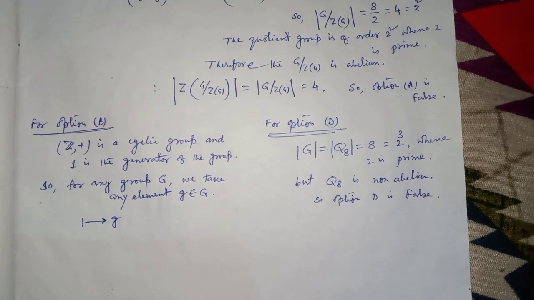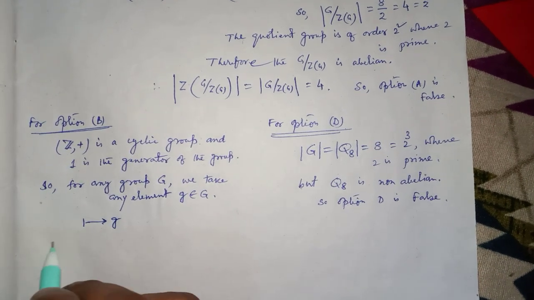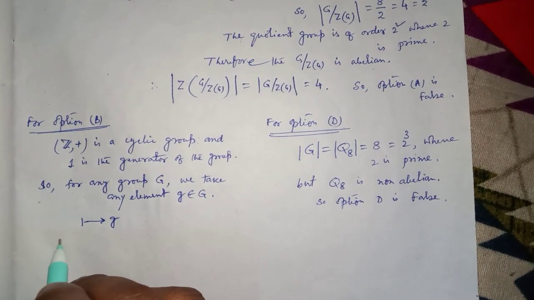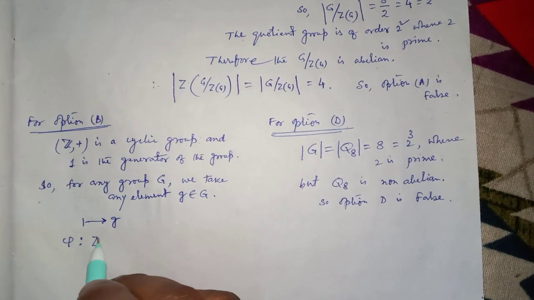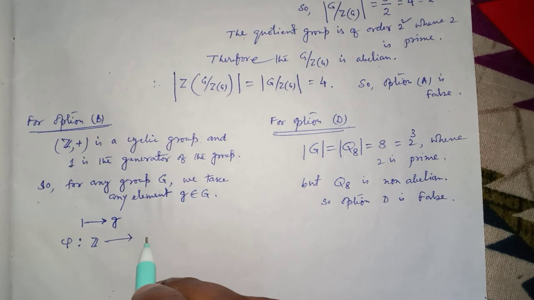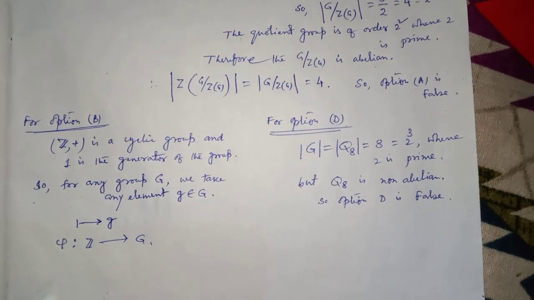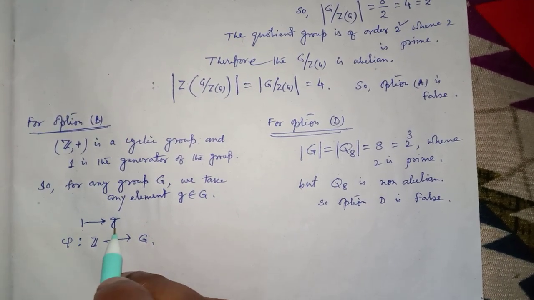So consider the homomorphism phi from Z to the group G, where 1 goes to g.